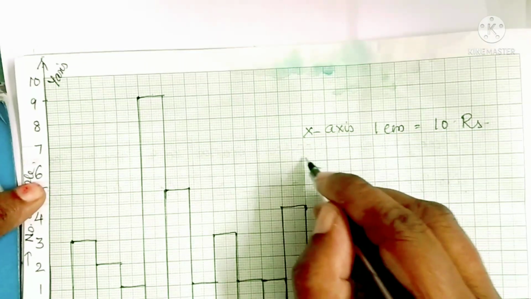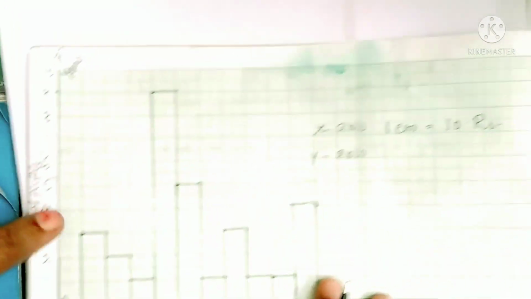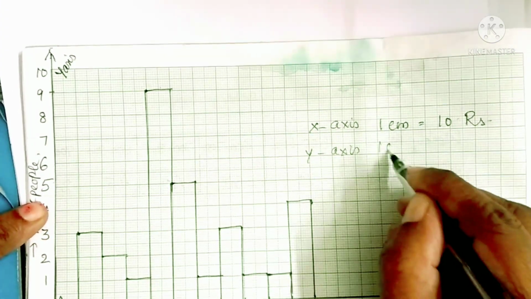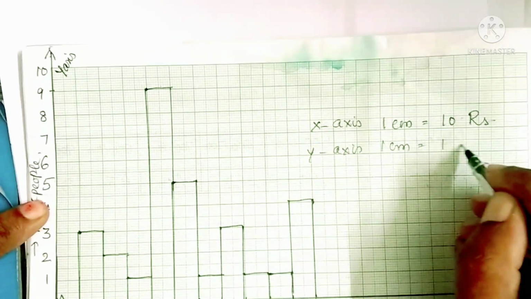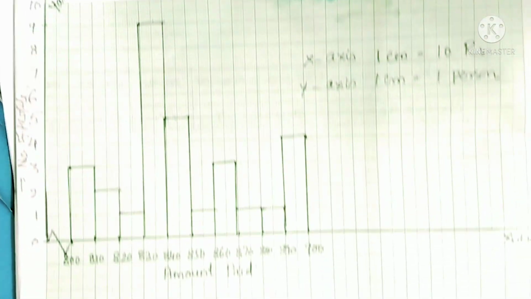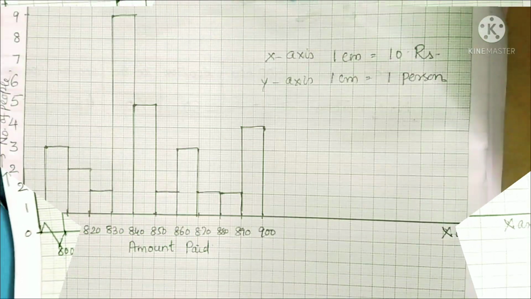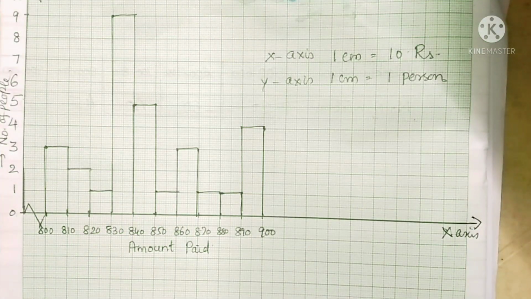And on y axis we show the number of people, that is 1 centimeter is equal to 1 person. So your graph is ready. Okay. So the histogram is already ready, and then we need to answer the questions.